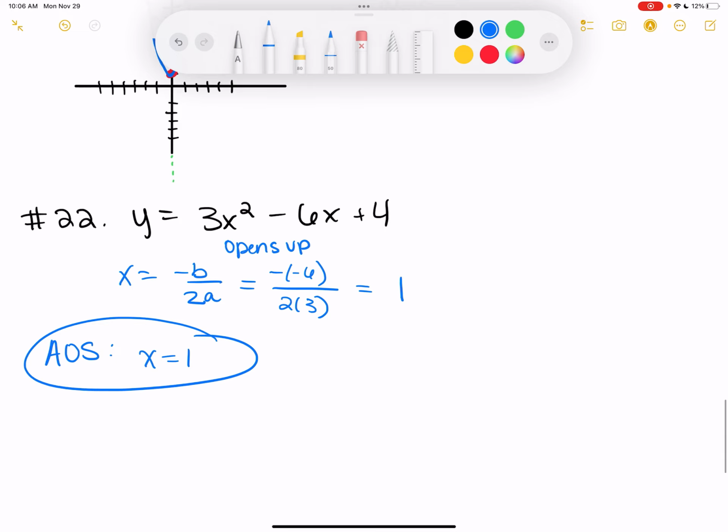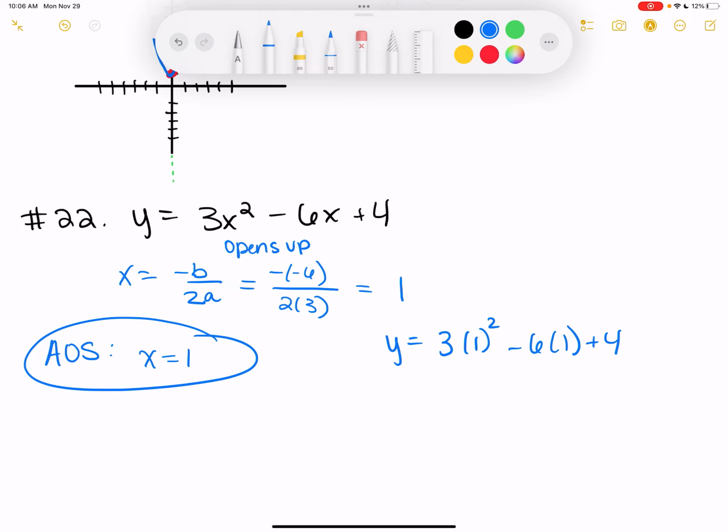Now, obviously 1 still isn't really bad, but in case it was a bigger number, I'm going to show you how I would write it out just so that if you have any issues, I can see where you went wrong. So I'm going to plug in 1. So 3 times 1 squared minus 6 times 1 plus 4. Again, I wouldn't expect you to write this with a 1 unless you just want to.